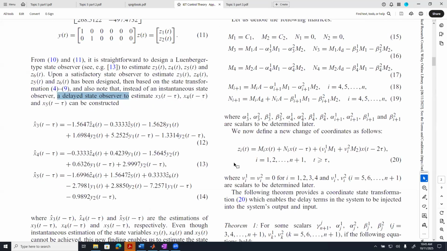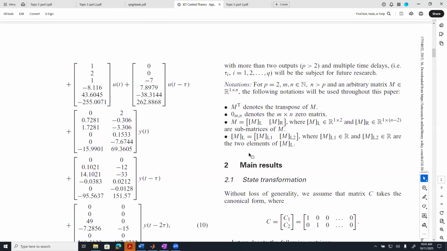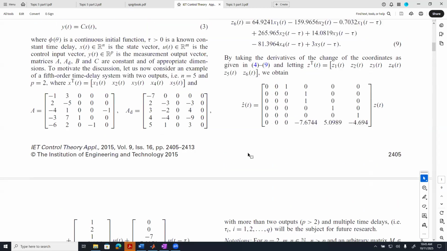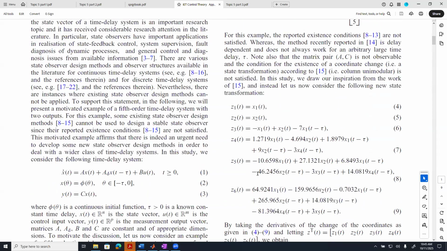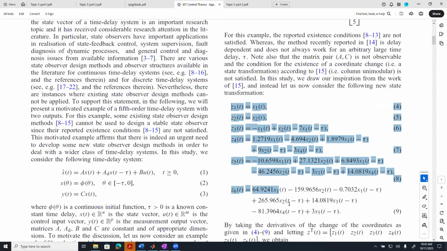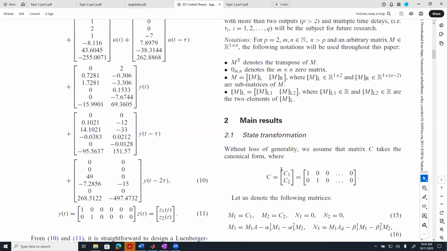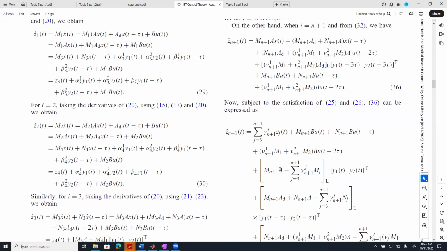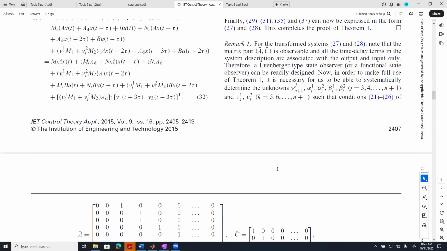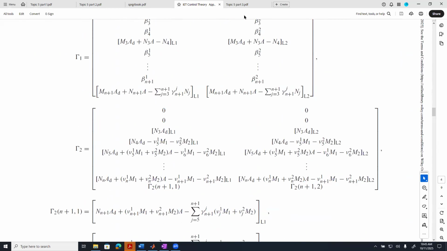In this reference, we have to do a lot of algebraic manipulations and then we can realize this transformation. And there's a whole heap of algebraic derivation in there, which is quite tedious and fairly complicated to apply.